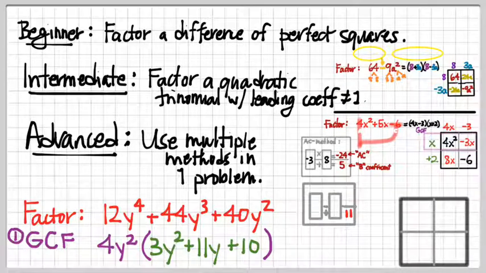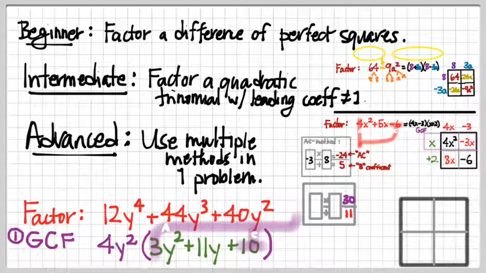So they have to add together to give me 11, but they also need to multiply together to give me, this is where the AC from the AC method comes in. What does their product have to be? Three times 10, 30. So I need a pair of numbers which multiply to 30 and add to 11. What pair of numbers works?